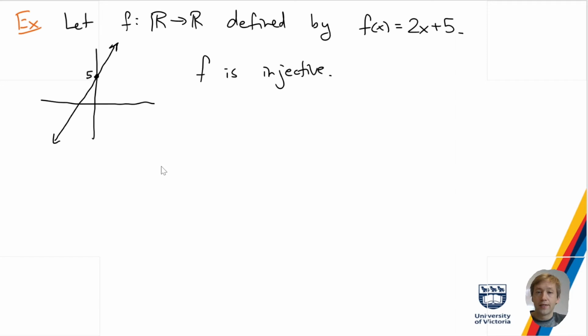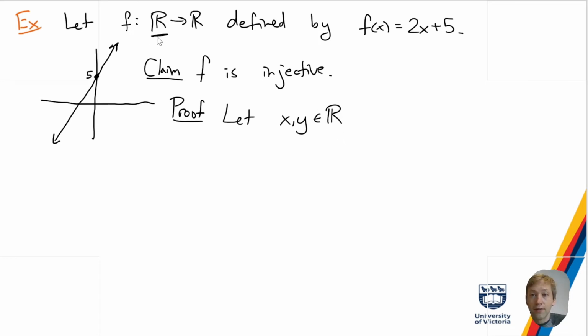Here I'm claiming f is injective. Here's the proof. Let x and y be real numbers, in other words, let x and y be in the domain of f. Suppose that f of x equals f of y, and we want to deduce that x is equal to y.